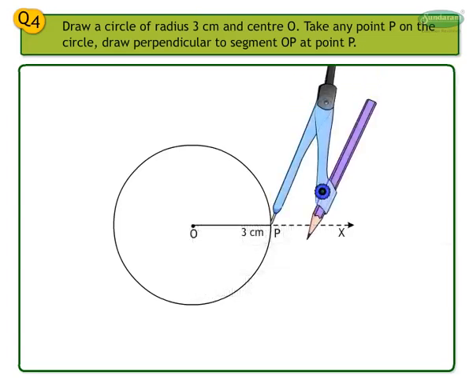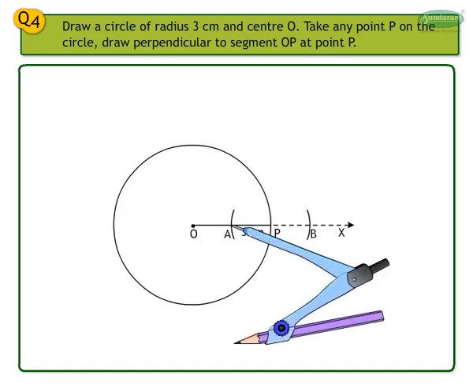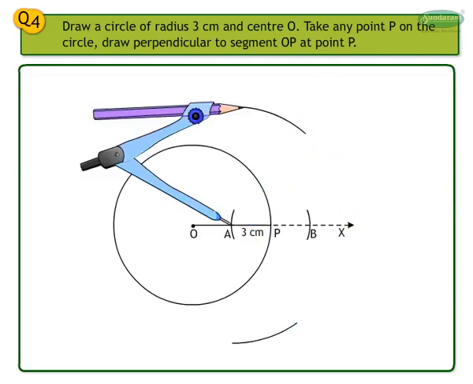Take P as center. Draw arcs on both sides of P such that they intersect ray OX at points A and B. Now take A as center and more than half the length of AB as radius. Draw arcs above and below segment AB.